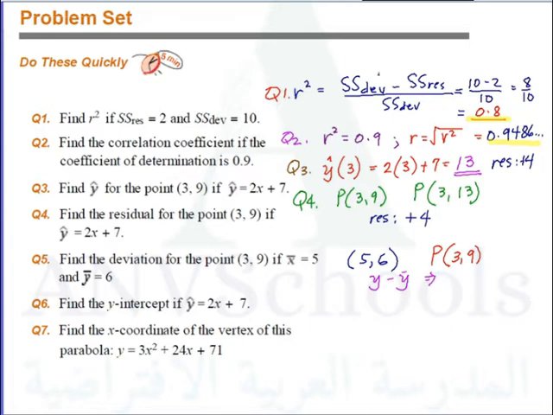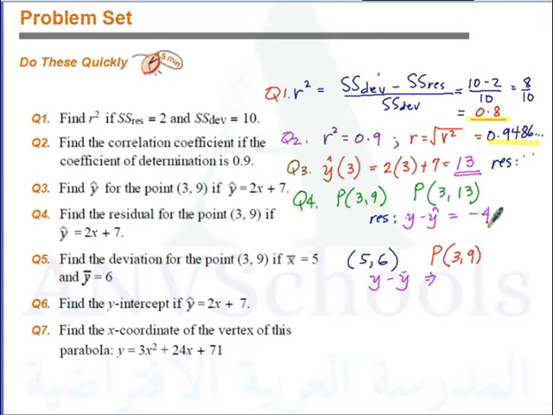You can see that the residual is y minus y hat, and y minus y hat here is 9 minus 13, so that's negative 4.